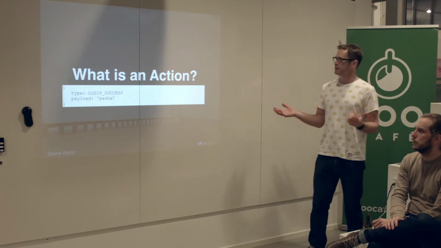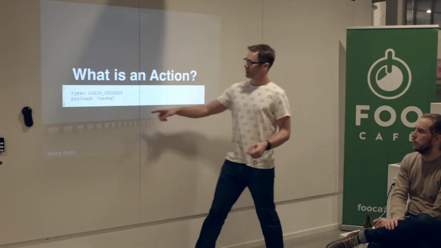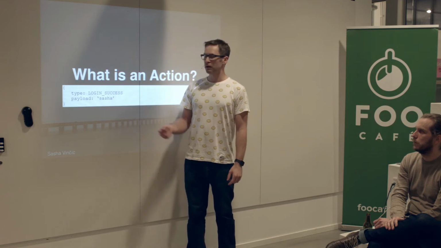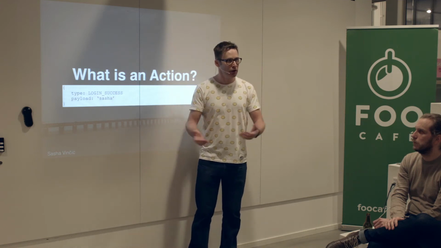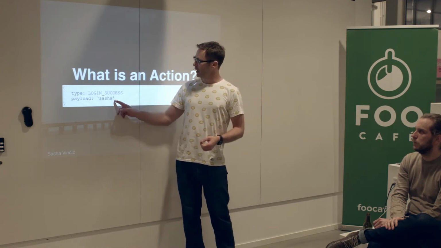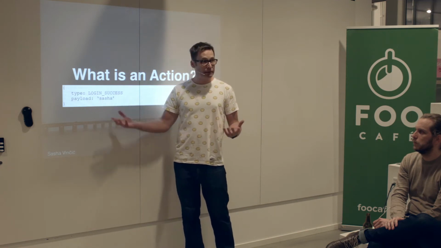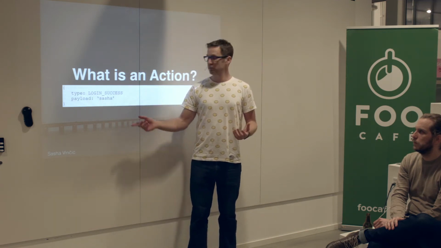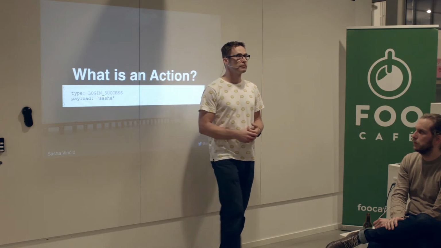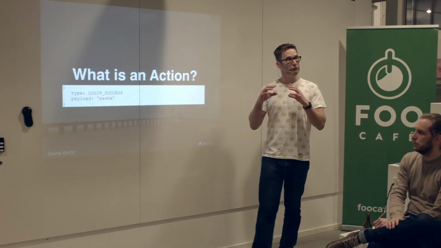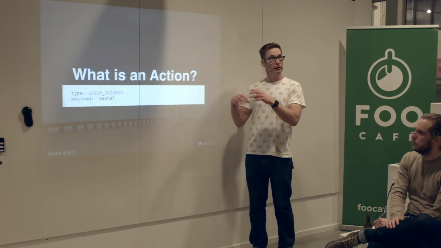So this is a simple action. It has a type, I call it login success. That means I have logged in. And a payload, some data for the action, my name. So this is the information about the event that has happened.